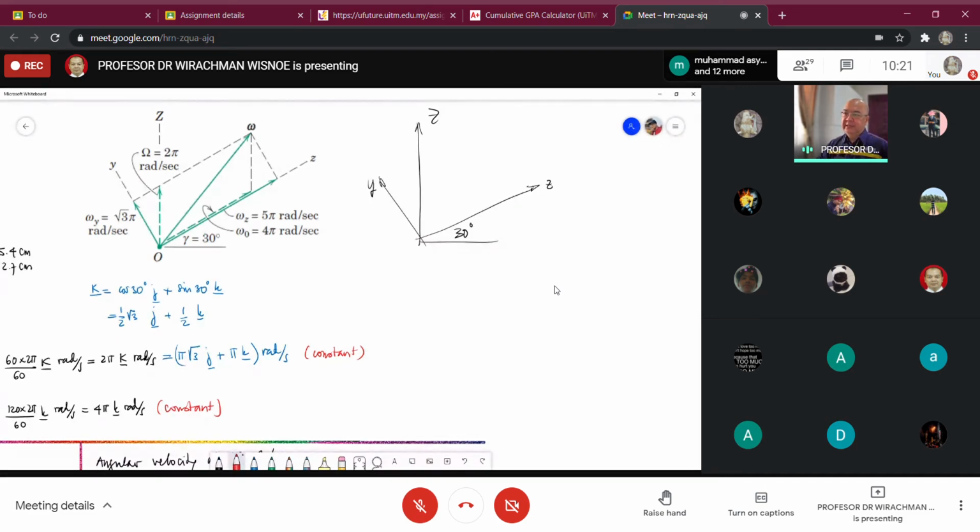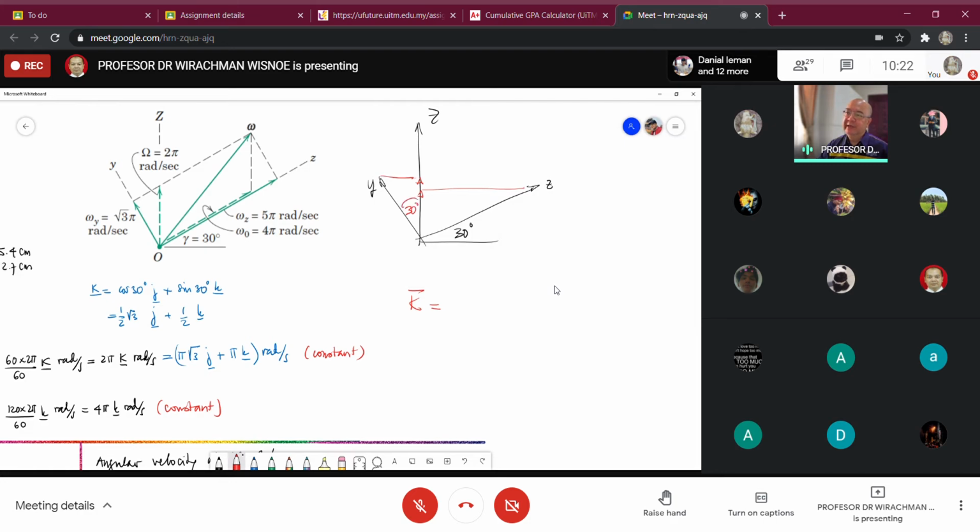So the conversion is the capital K is this y plus this projection of z. Okay. So projection of z is, if this is 30, this is also 30 degrees.